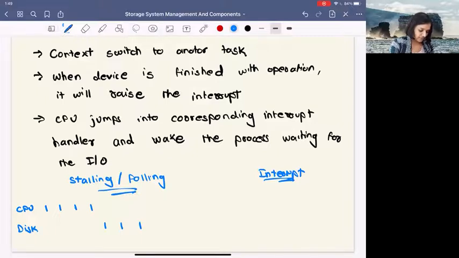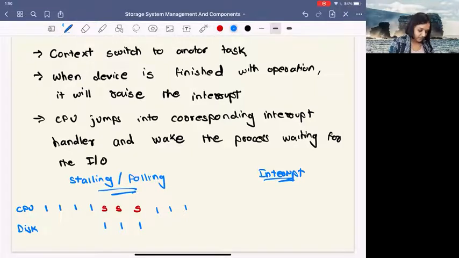So for these 3 seconds, the CPU here in polling was just stalling because it was just asking the disk, hey, are you done? No. Are you done? Not yet. Are you done? Not yet. And then finally, when it polls for the 4th time, the disk says, okay, I'm done now. Here is your data. So then the CPU returns back to processing and makes progress with whatever data it receives.